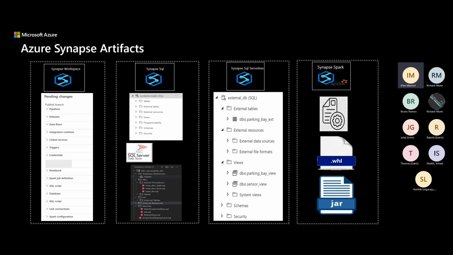In the SQL part, these are not artifacts initially, but anything that exists in the Synapse SQL dedicated pool is covered in the Synapse SQL part of the CI/CD of Synapse, right? And here it's all the definitions of your tables, external tables, all the code that you have within the database, because that's not going to be part of the workspace.